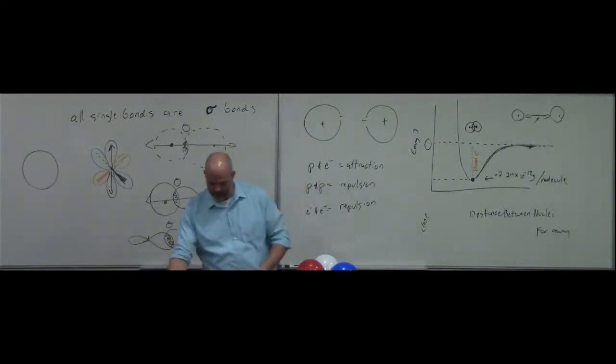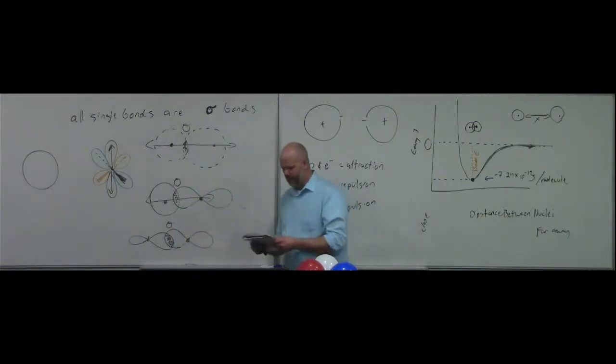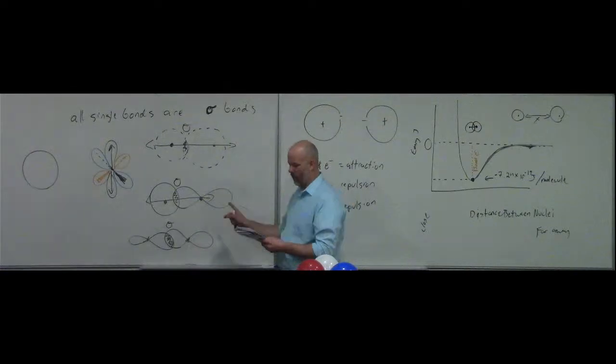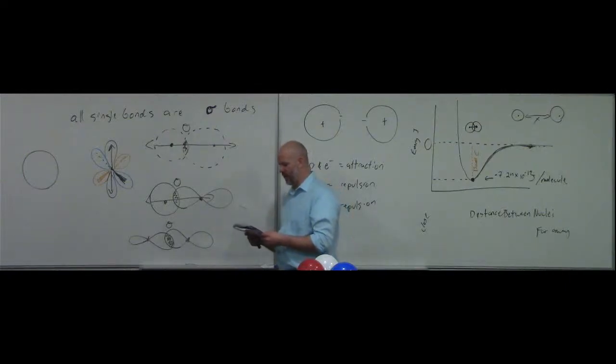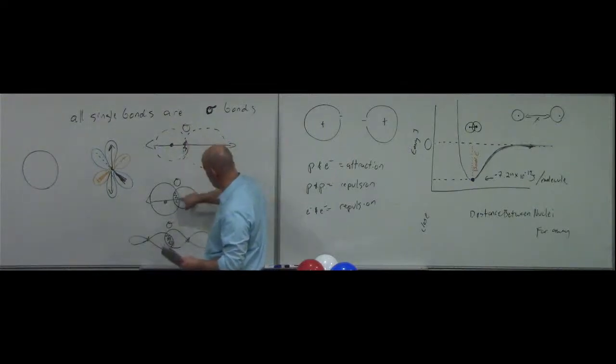You read what this says for you. The overlap of 2 s orbitals, as in H2, the overlap of an s orbital and a p orbital, and the end-to-end orbital overlap of 2 p orbitals, such as in Cl2, all produce sigma bonds. A sigma bond is a covalent bond in which the electron density is concentrated in the region along the internuclear axis. So this is what we have shown.